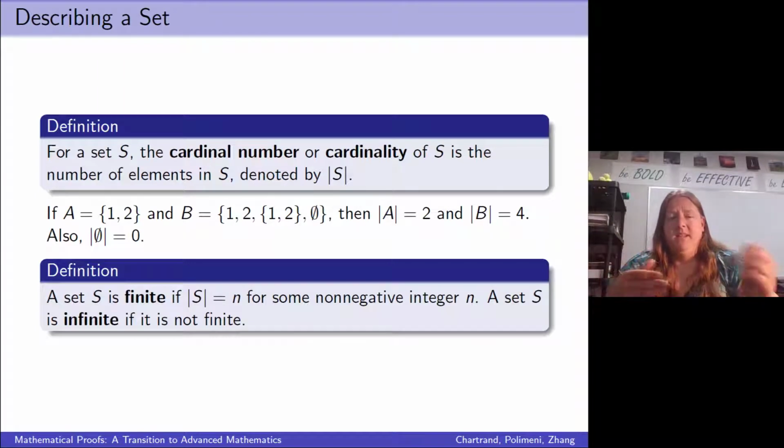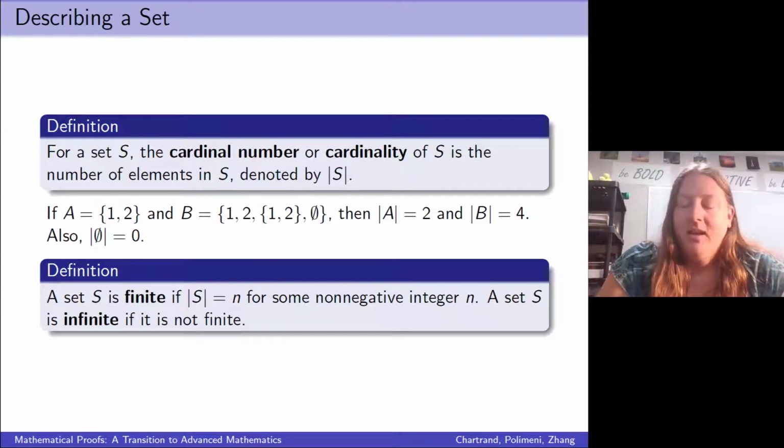So my set there, A, has 2 elements in it, the numbers 1 and 2, and so its cardinality is 2. My set B there has 4 elements. Remember, this is our example where we've got sets as elements, right? And so the cardinality of my set B is 4, right? And then, just a really quick thing, the empty set has nothing in it. So the cardinality of the empty set is 0.